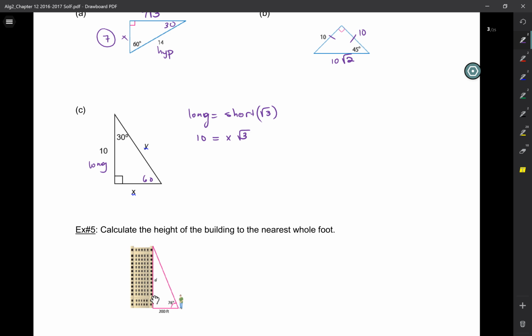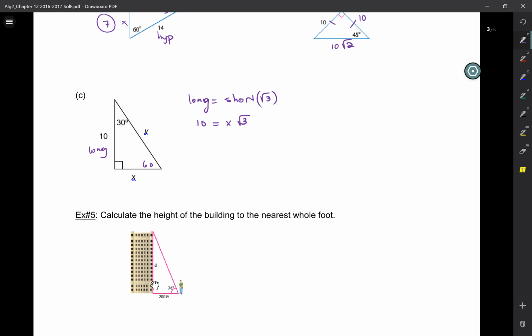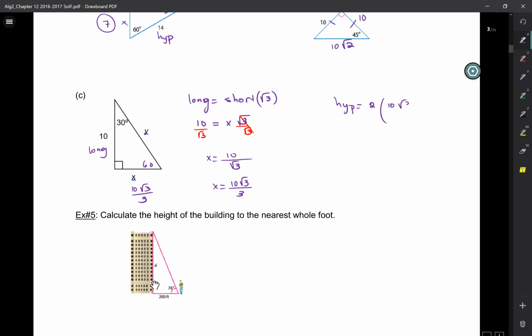Now we're going to divide by root 3 on both sides. So x is 10 over root 3. Now, the hypotenuse is 2 times the short leg, which is how much? 20 root 3 over 3.